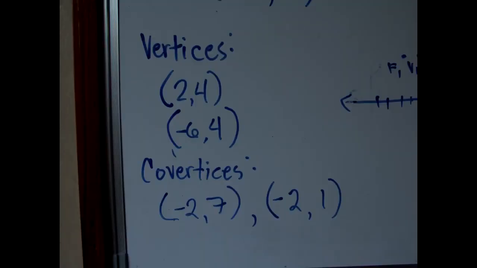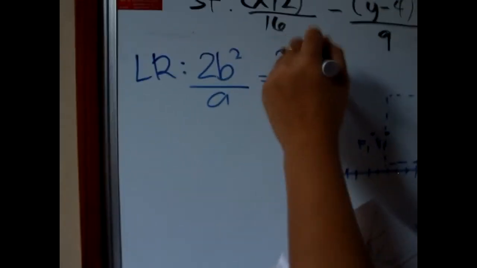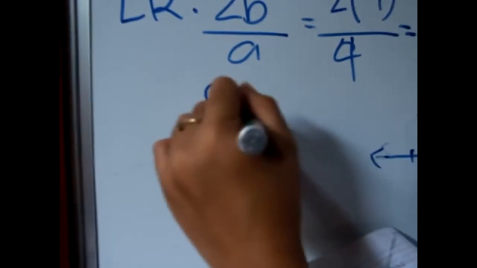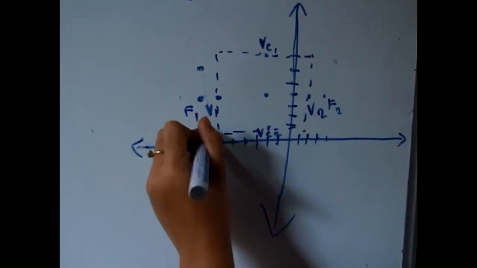So here are the points of vertices, co-vertices, and the foci. Now we have to find the latus rectum, which is 9/2. In order to plot, we need to divide it by 2, which then becomes 9/4. Then plot the endpoints.